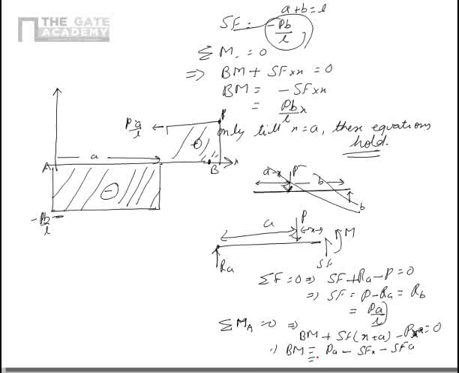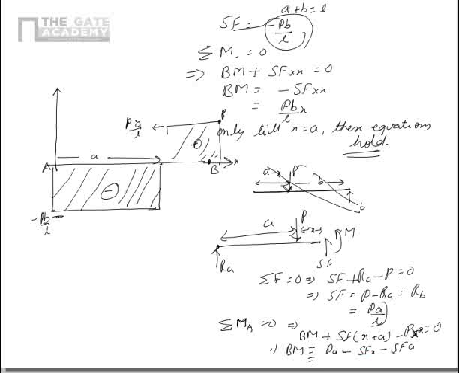So if you solve this equation, SF is equal to PA upon L, and this will become PA minus SF into x minus SF into A, of course.